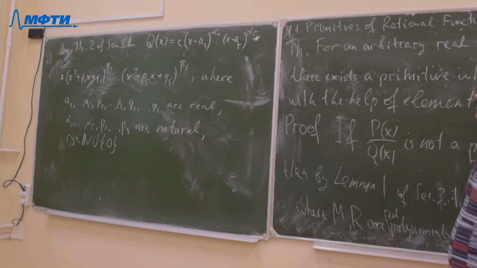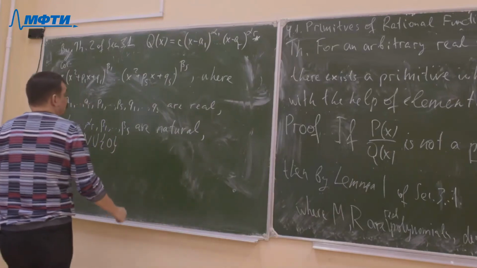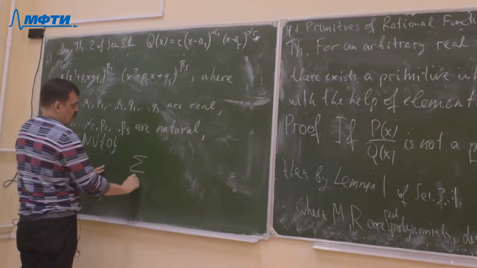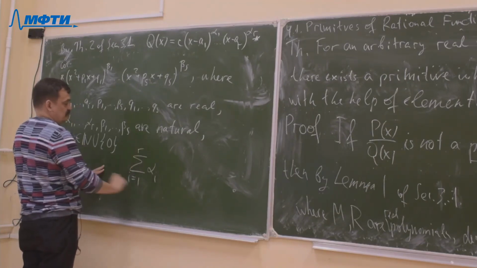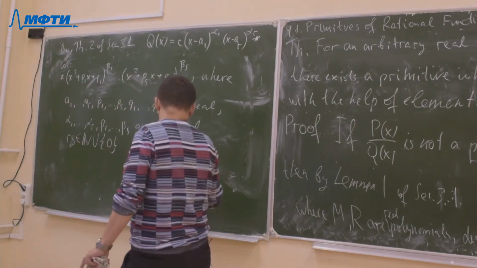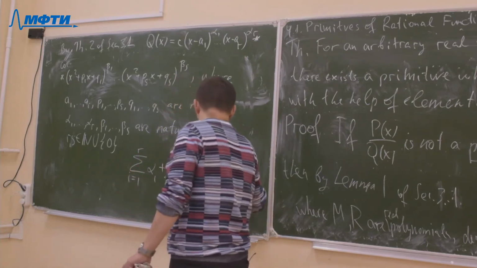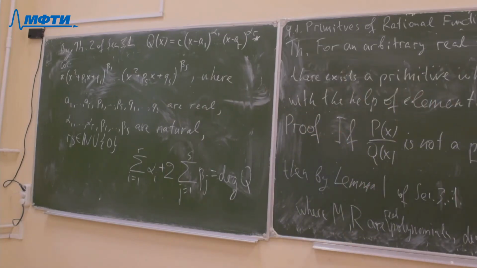And the sum of alphas plus 2 times the sum of betas equals the degree of the polynomial q, where C is the leading coefficient of q.